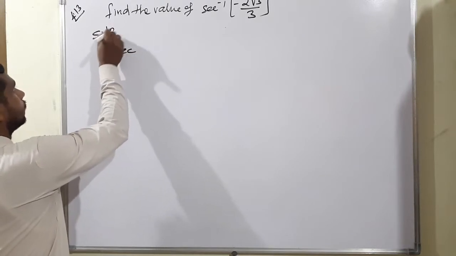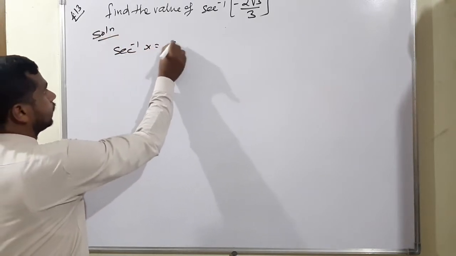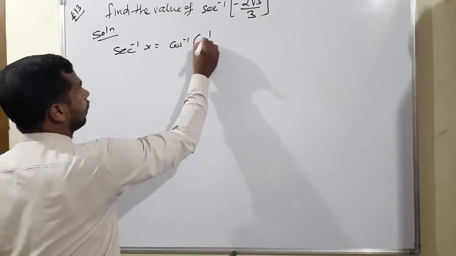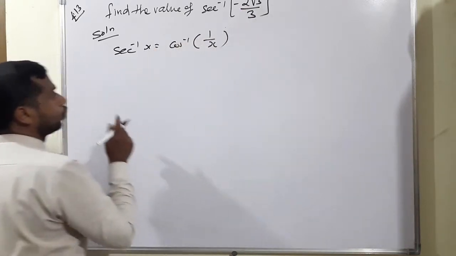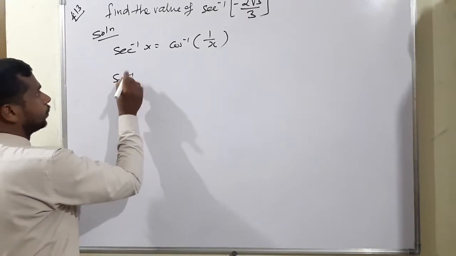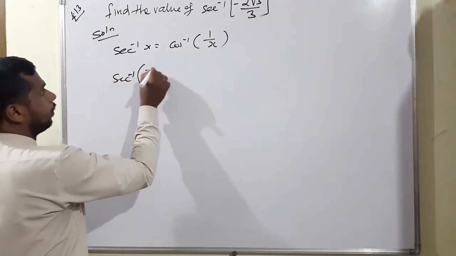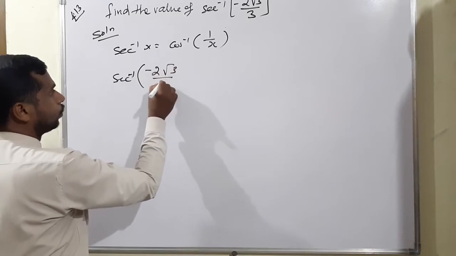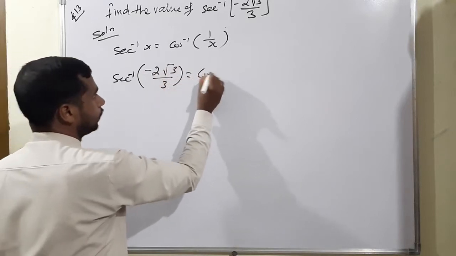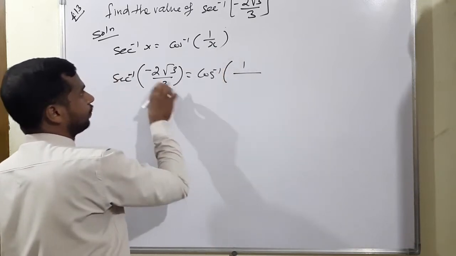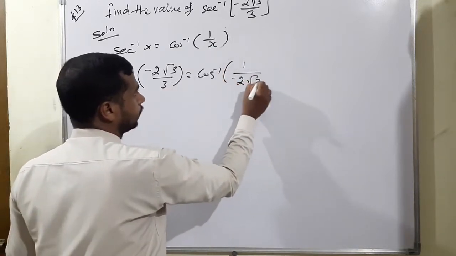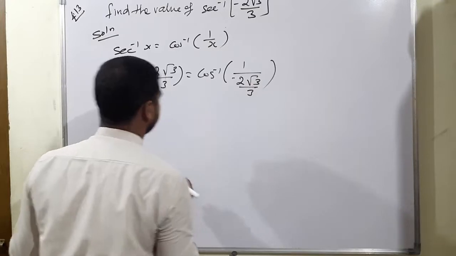Solution: secant inverse x is equal to cos inverse of 1 by x. What is the value of x? Minus 2 root 3 by 3. So secant inverse of minus 2 root 3 divided by 3 is equal to cos inverse of 1 by, instead of x, we can write minus 2 root 3 by 3.